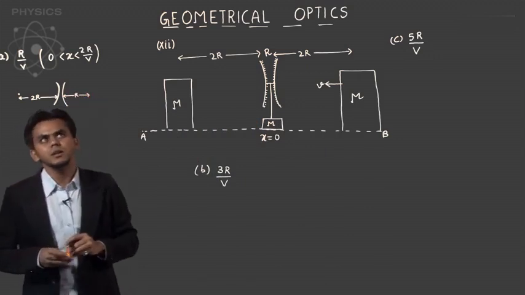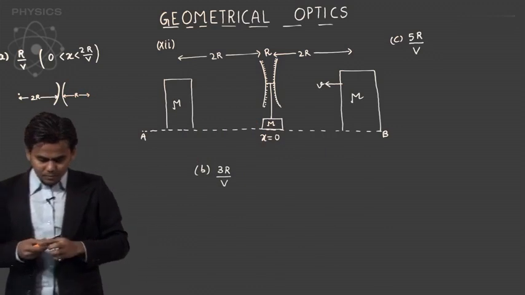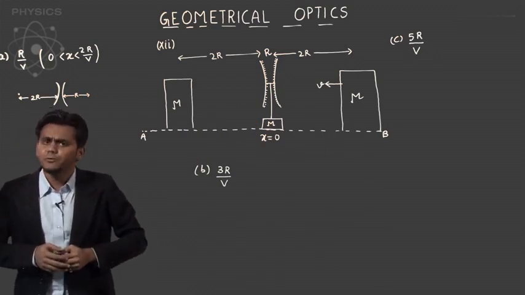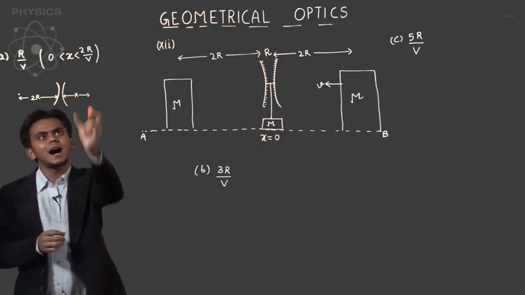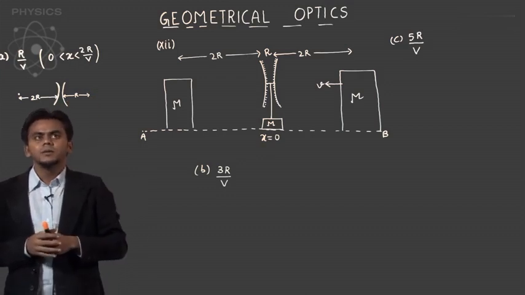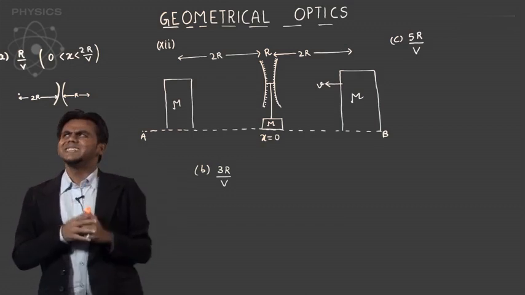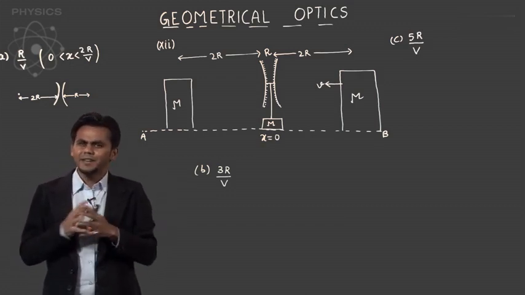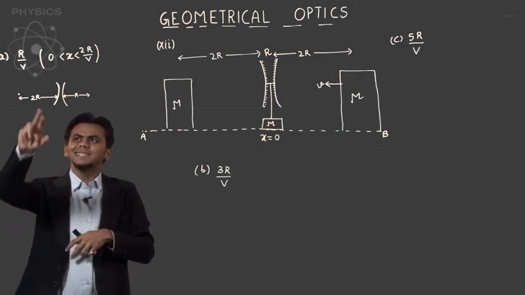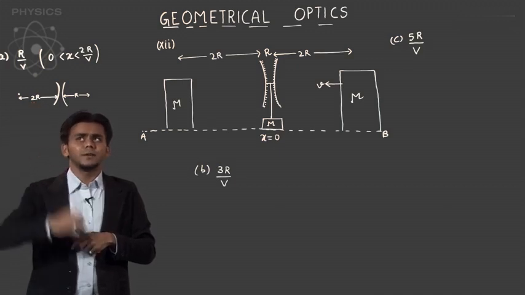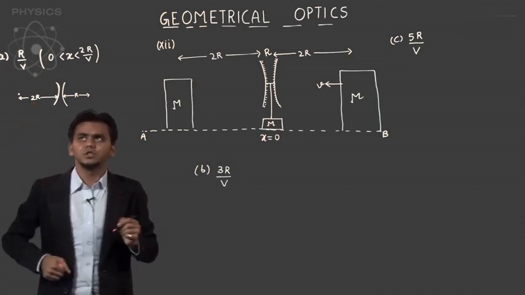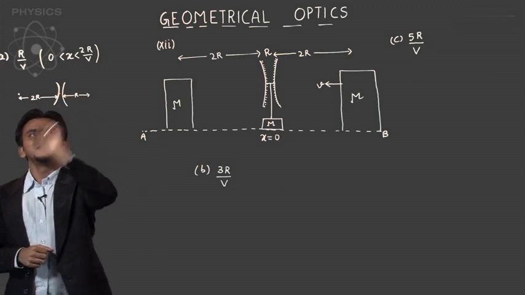Now I know that if my object is r away from the mirror, the image would be formed on the object itself, right? But in this case, it is not r away, it's 2r away. So I'll have to use the mirror formula for this situation from this position.